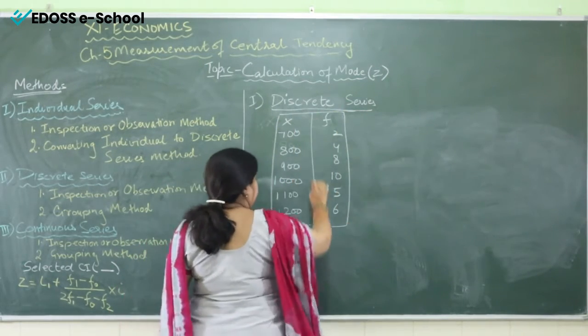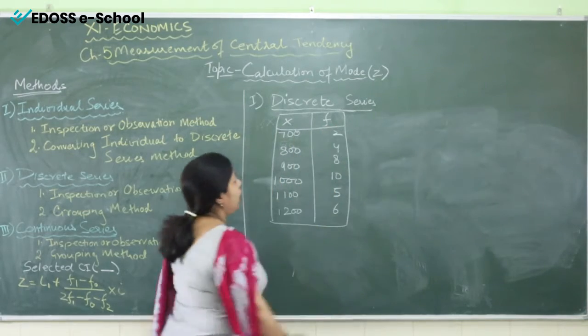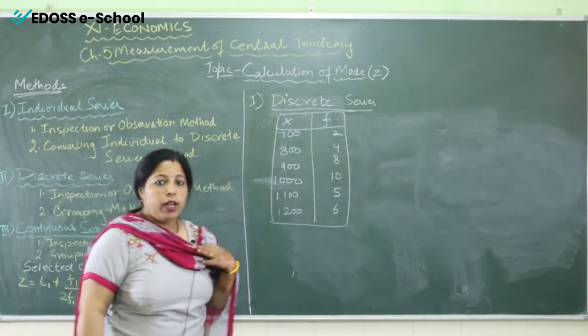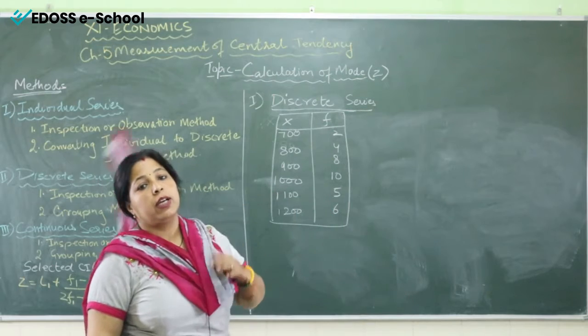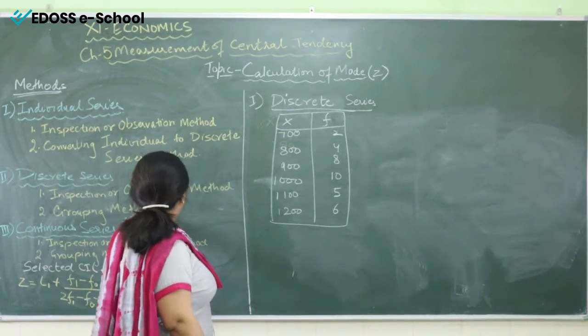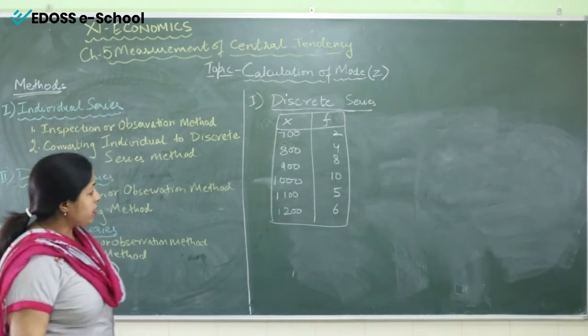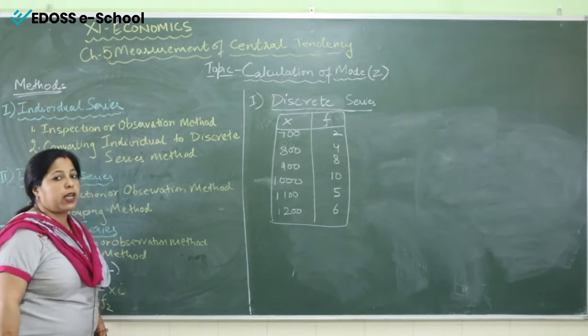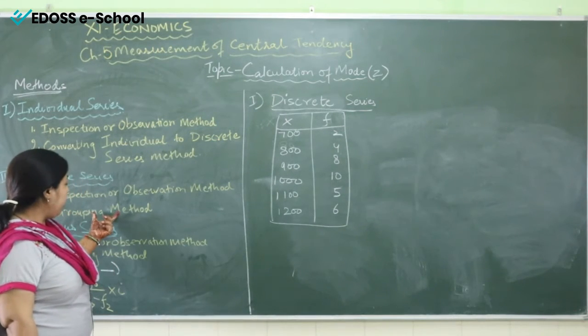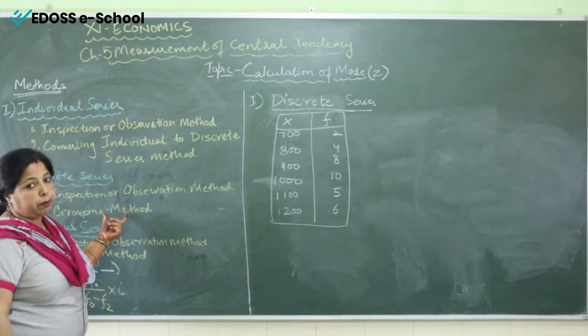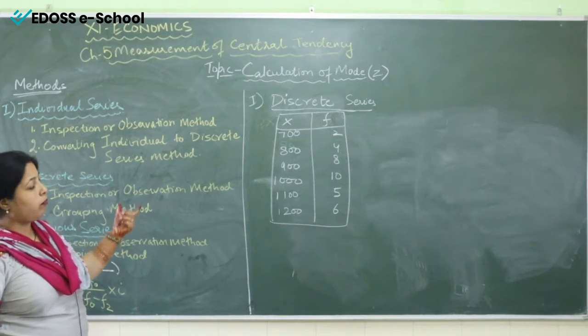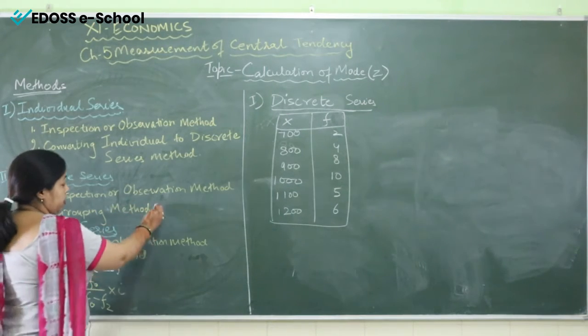I am going to frame it. Now, this is the question in front of you, and we have to calculate the mode from the grouping method. Now, as I told you before, and I am repeating it, while solving mode through grouping method, we frame or we make two tables.